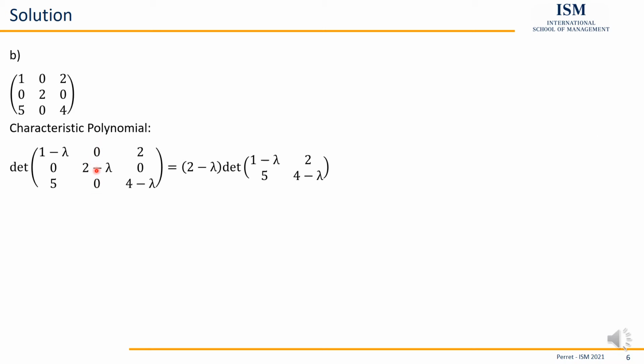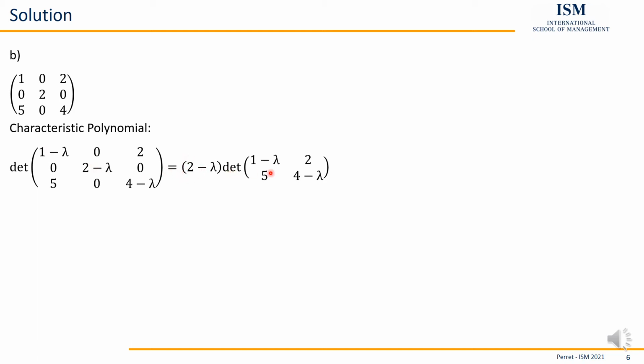So let's go here with the second column. Wherever there's a 0, we can skip this. So we only have 2 minus lambda, so we use this. Then we need a sign for this. So we start here with plus, minus, plus. So it's always changing, always starting in the upper left with a plus, then minus, plus, having here plus.